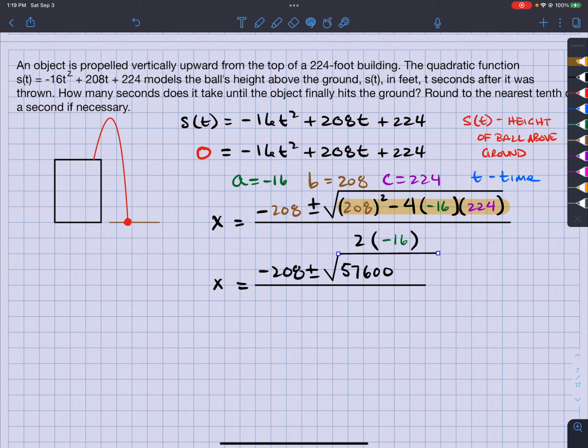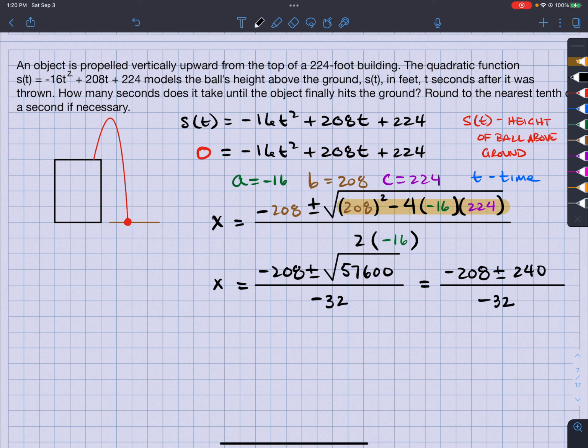Yes, I know that's too long. Way too long. Divided by 2a, which gives me a negative 32. So let's take a look to see if this is actually a perfect square or not. And it is. It's actually going to equal negative 208 plus or minus 240 divided by negative 32.